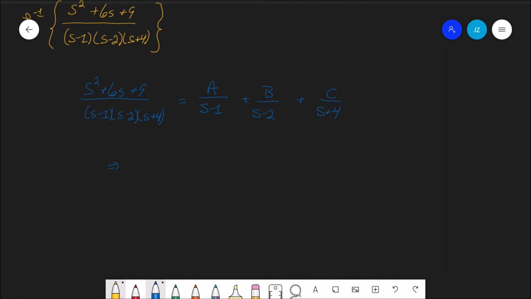So now multiply by the least common denominator. So I have a times s minus 2 times s plus 4 plus b times s minus 1 times s plus 4 plus c times s minus 2 times s minus 1.